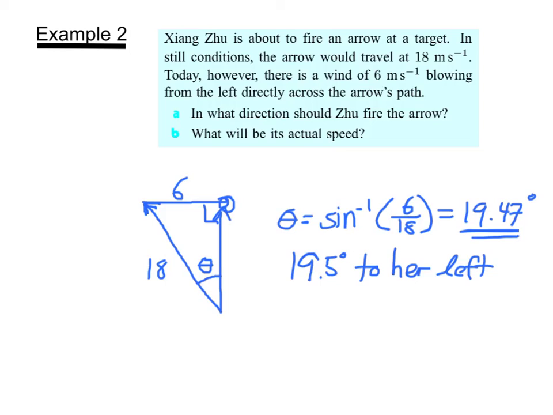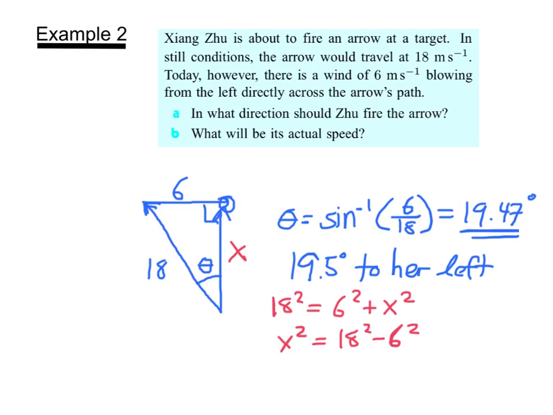Now the next question is, what velocity or what actual speed will that arrow be traveling? And so to do this, I need to use the Pythagorean theorem. We know that 18 squared, the hypotenuse, equals the sum of the squares of my two legs. So 6 squared plus x squared equals 18 squared. So to find x squared, I simply subtract 6 squared on both sides of the equation.